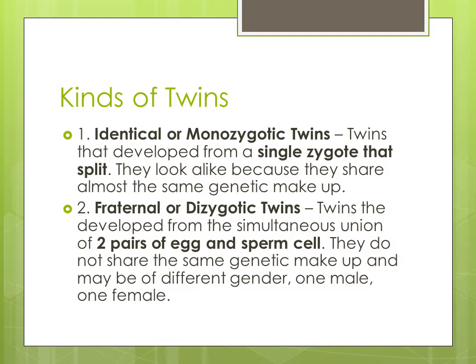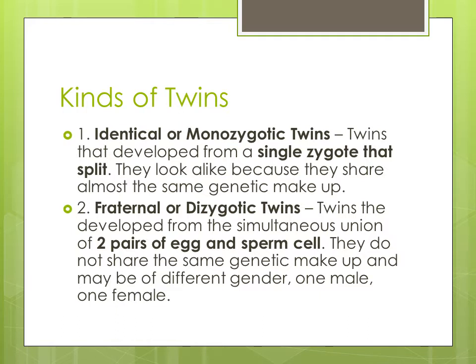When these children grew up, they will look exactly the same. These are twins that look like each other. They have very identical parts because they have the same genetic makeup. So that's for identical or monozygotic twins.